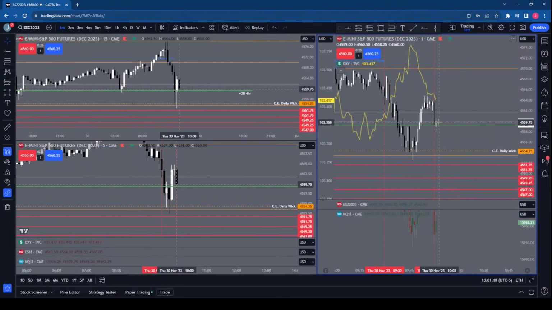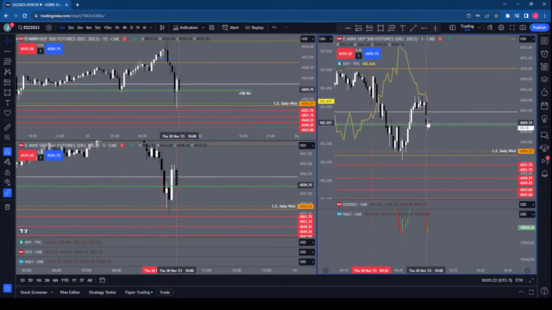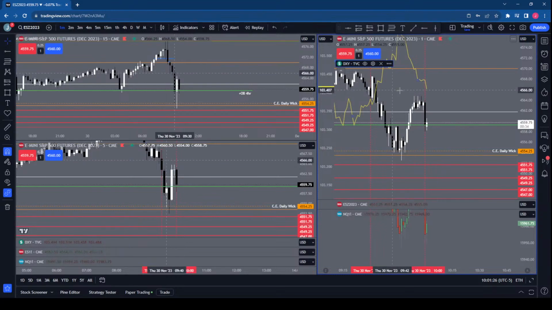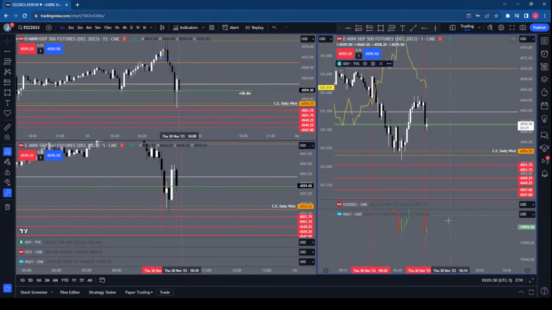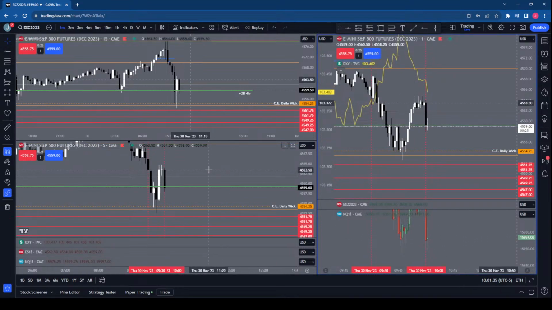And I liked how strong this candle went to the downside. I just don't like that the dollar seems to still be going lower. Remember, we said this fair value gap right here. NASDAQ is close to that new low.